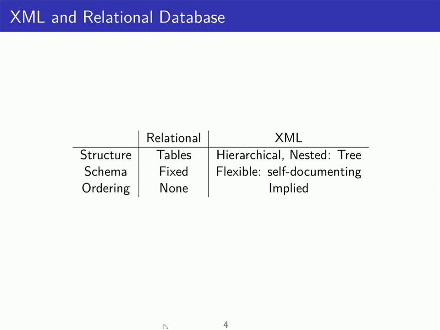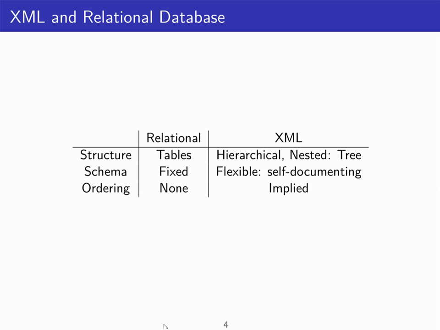When a query comes, all the data will be returned without an order, unless there is an order by clause followed by the query. On the contrary, the XML schema is very flexible and not rigid. It is open to update as we go. In some sense, we call it self-documenting because it can describe itself.